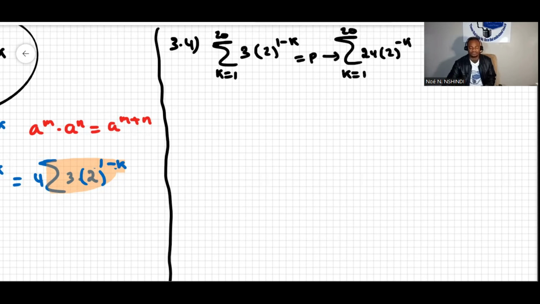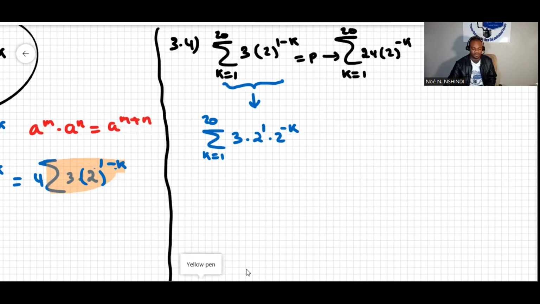So or else we can do this. This very sum here can be written as the sum of, okay, k starting from 1 to 20, and then we can write it like 3 times 2 to the 1 minus k can be written as 2 to the 1 times 2 to the negative k.